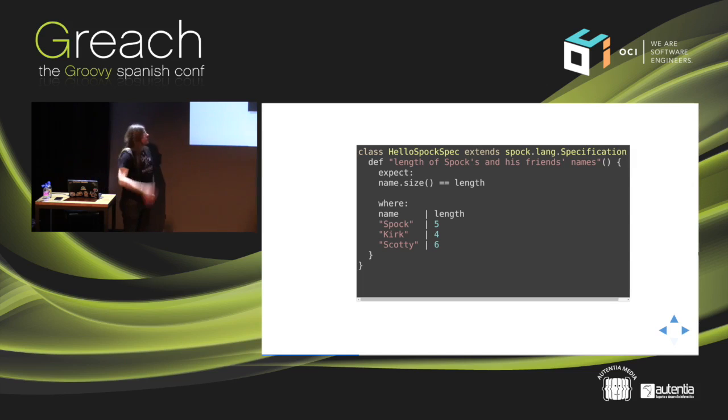That's something called Spock data tables, and you can use it for data-driven testing. Each row in this table will be used as input for another test. So it's like we have defined 3 tests here. It's the same as JUnit's parameterized tests, but I think the syntax is a bit more convenient.